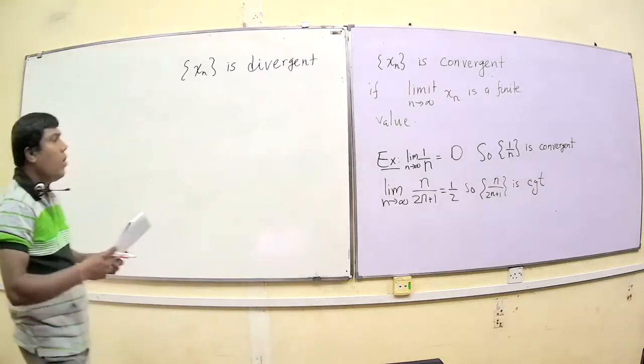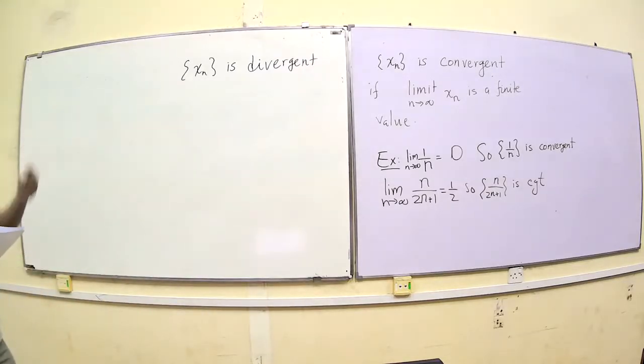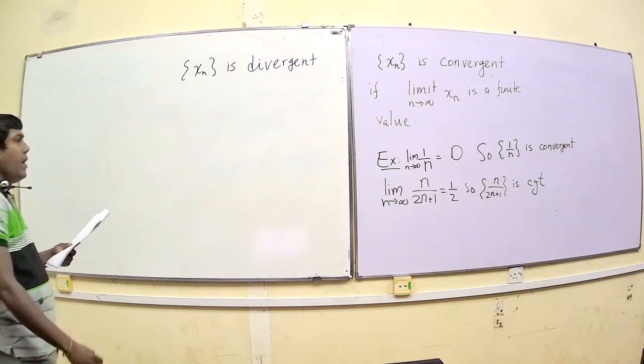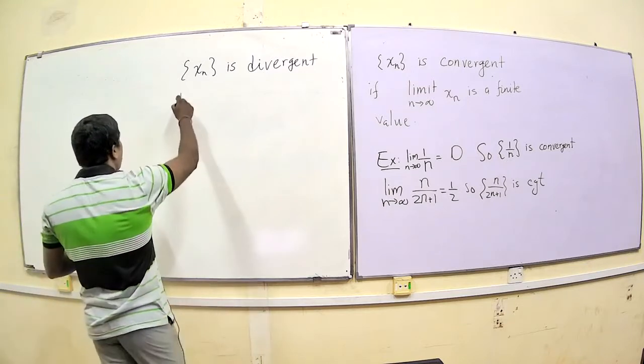So the sequence is convergent if it has a finite limit.